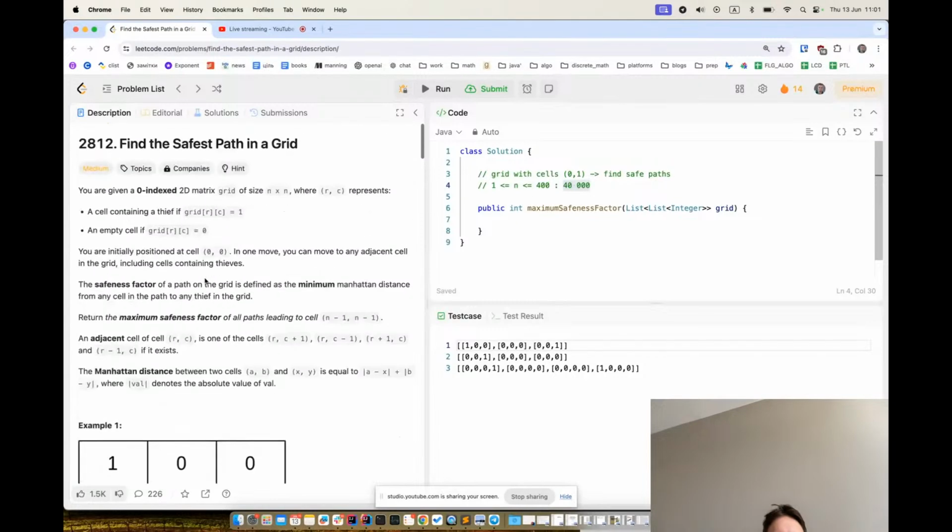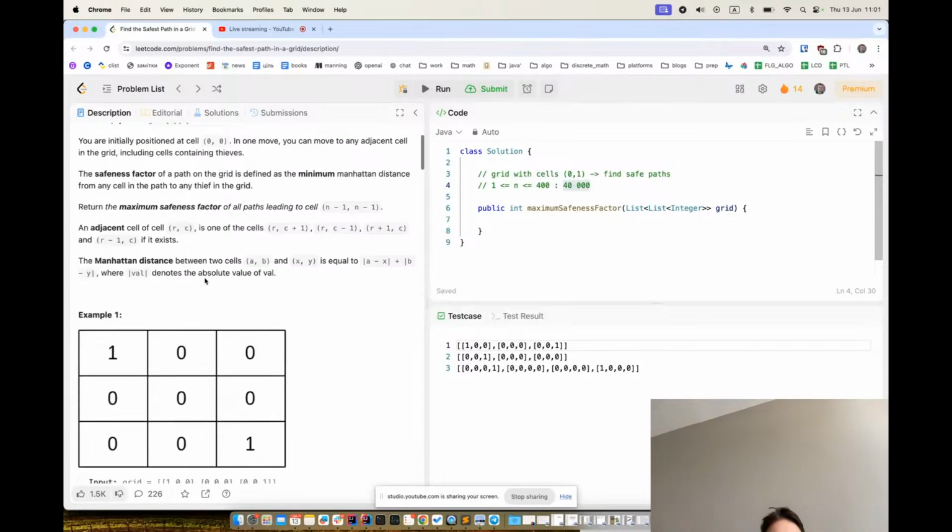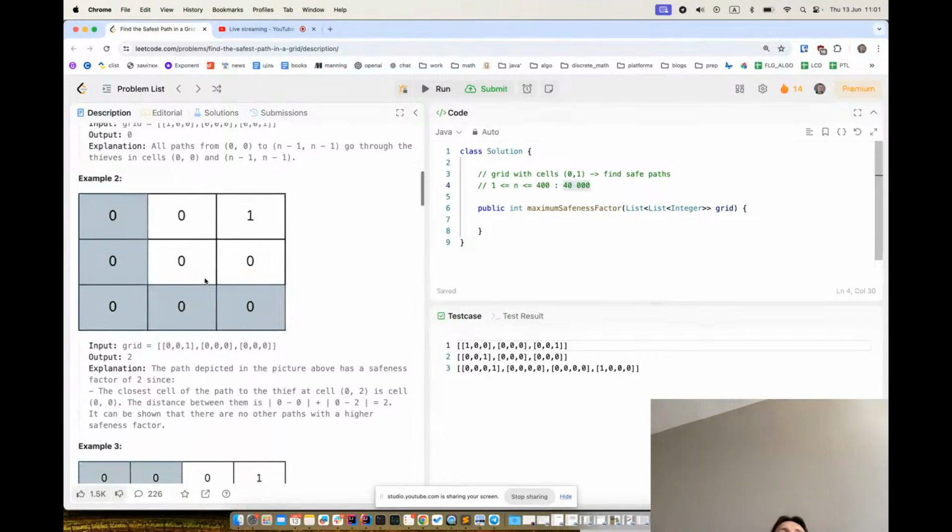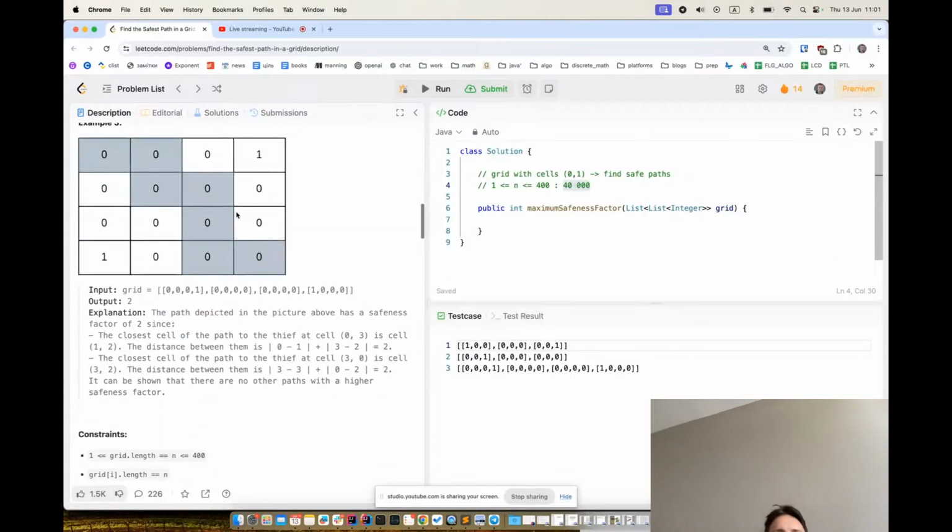Okay, interesting. So let's think what can we do? Can we store all thieves? Yeah, we can try to. What can we do?